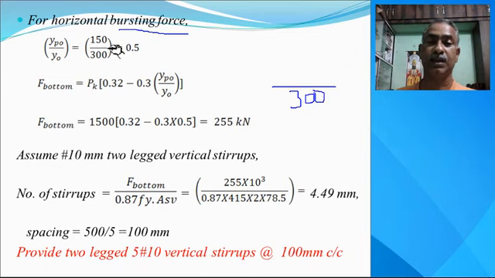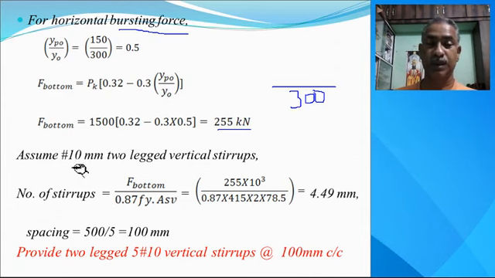So 150 divided by 300 is 0.5. The force at the bottom is again Pk multiplied by 0.32 minus 0.3 into YPO divided by YO. So 1500 into 0.32 minus 0.3 into 0.5, we get 255 as the force required in the horizontal direction. Previously we found the vertical.